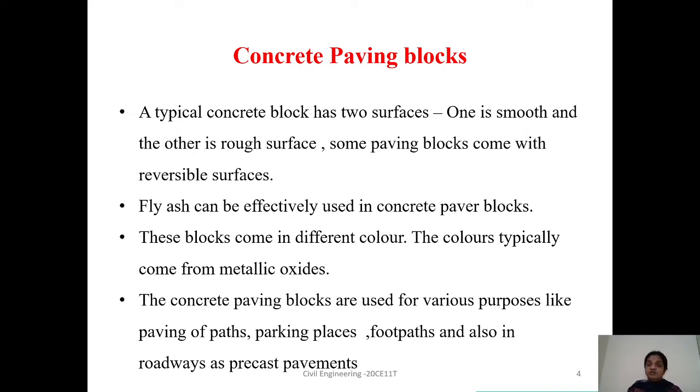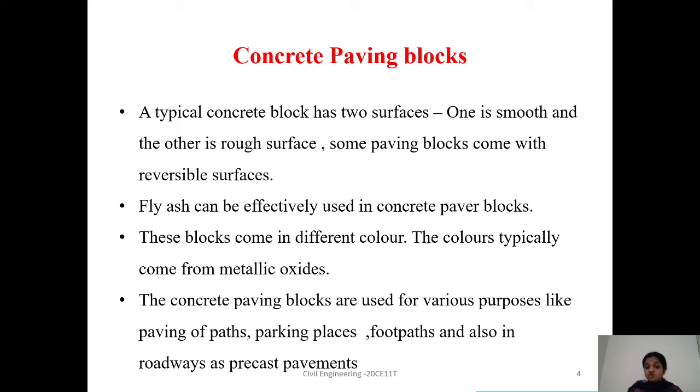Fly ash can be effectively used in concrete paver blocks. Fly ash can be used in concrete paver where fly ash replaces the cement and fine aggregate in the manufacture of concrete paver blocks. Concrete paver blocks also come in different colors. These colors typically come from metallic oxides used.